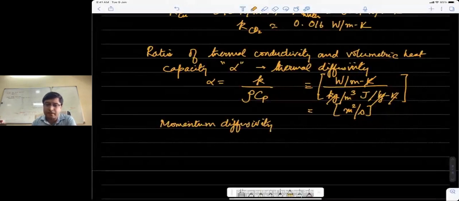Is it a measure of how the momentum is spread between the particles? No, but in flow, what property is used to define momentum diffusivity? Can you name a property?